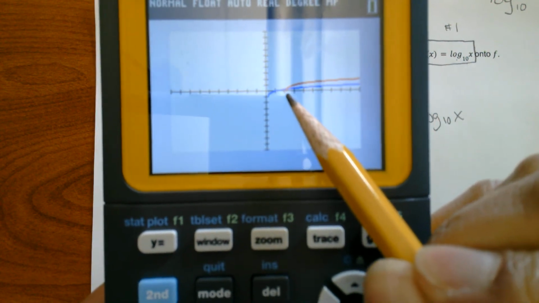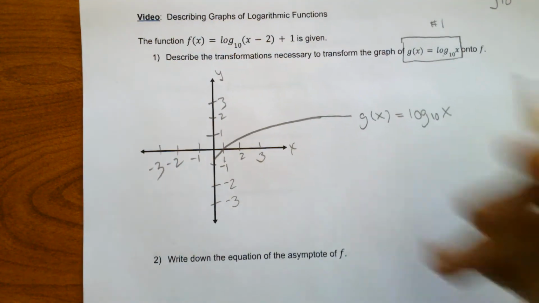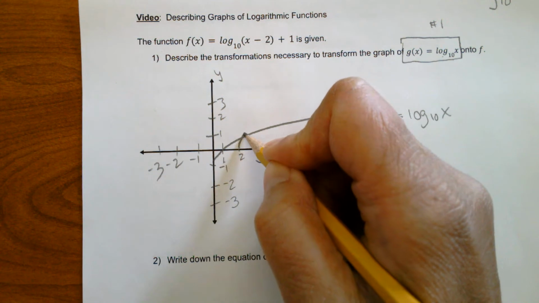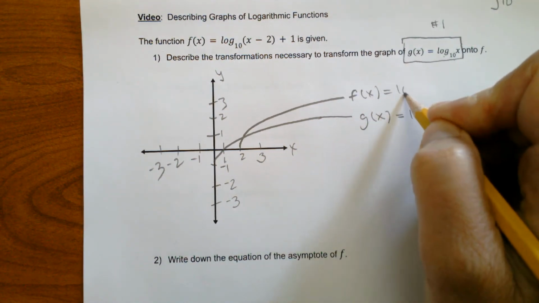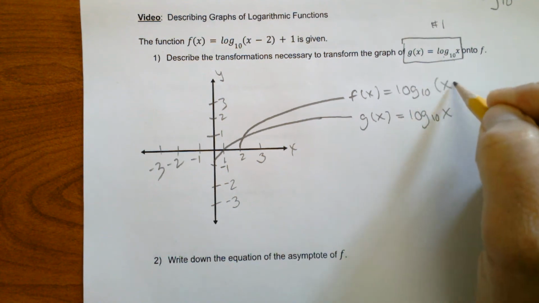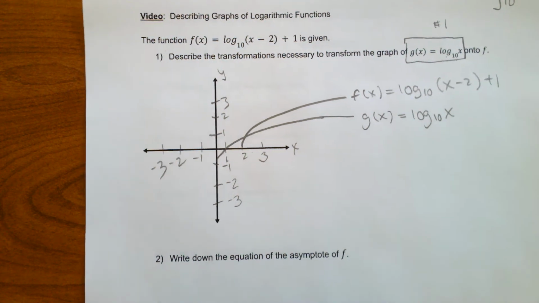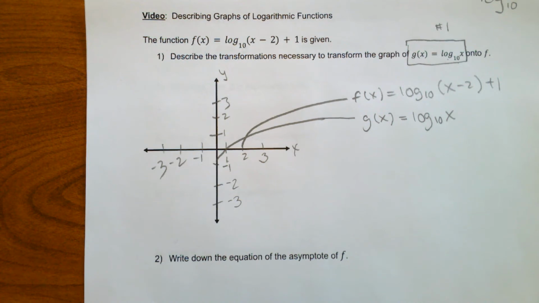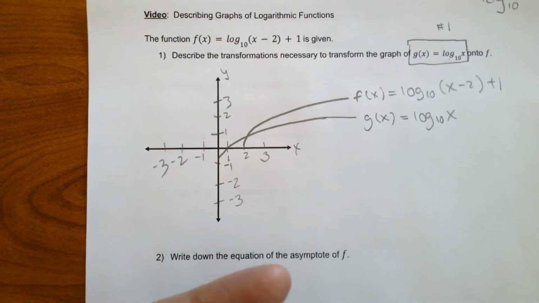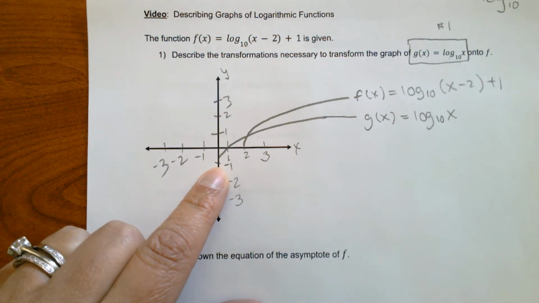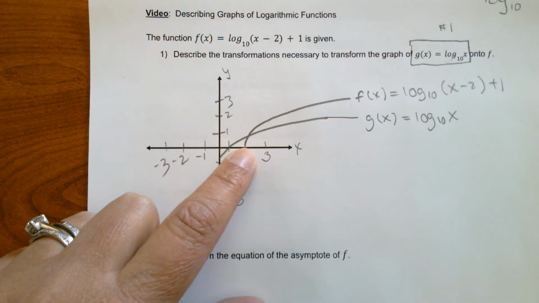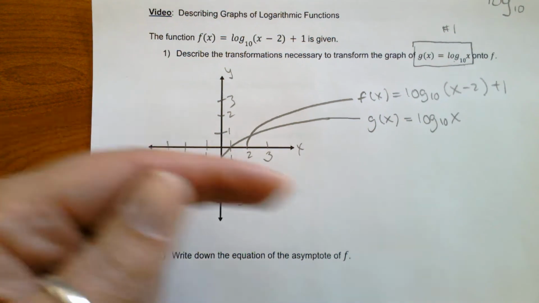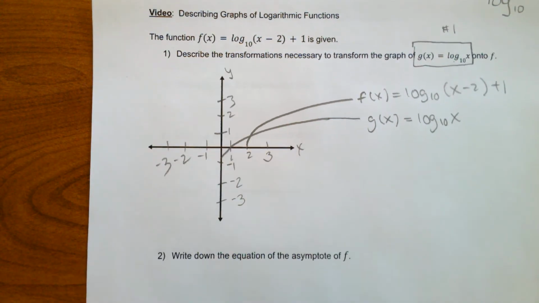Okay, so let's look, and now we see that it actually moves up and it moves over. And so it looks like it's almost touching that 2. So what I'm going to do is start it here, and then go up a little bit. And I'm going to label it f of x equals log base 10 of x minus 2 plus 1. Doesn't have to be perfect, but you're going to notice that it does move from almost touching -1, to almost touching the 0 here for the y, and it moves to the right about 2 spots.